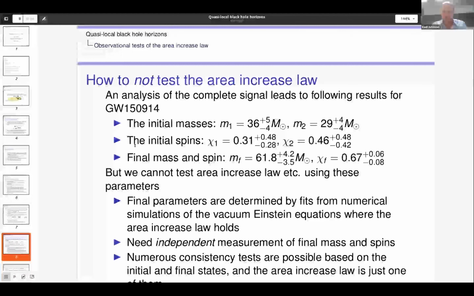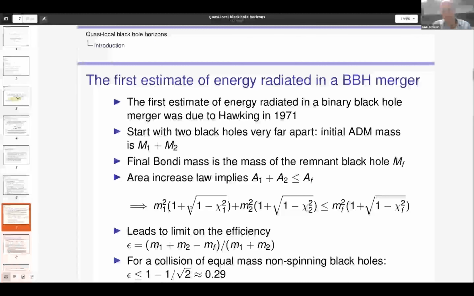The initial spins were consistent with 0, but you did have some estimates of the most likely values, so 0.3 and 0.46. And they also gave you the final mass and the final spin. So you might say, well, that's great. Can I not just take M1, M2, chi1, chi2, and MF and chi-F, go back to this relation and make sure that this is satisfied or not?